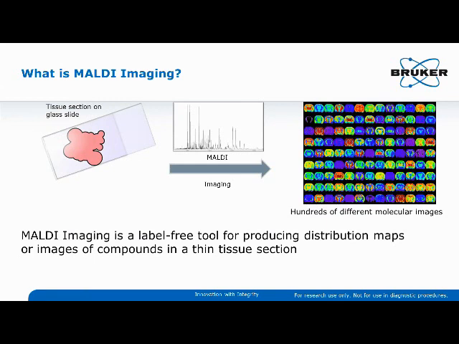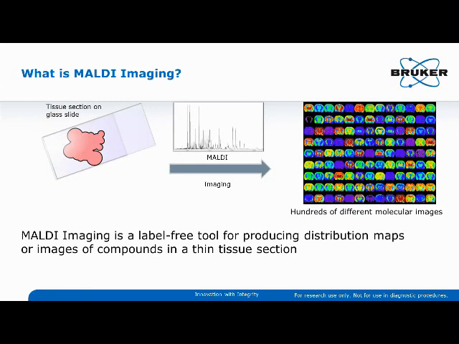So the result of a single measurement is shown on the right of the screen and illustrated as a panel of molecular images. Each image here represents a different compound that was detected, and the intensity of that color represents the intensity of the compound in the mass spectrum. If you look within an image, in this example, it's a coronal brain section.